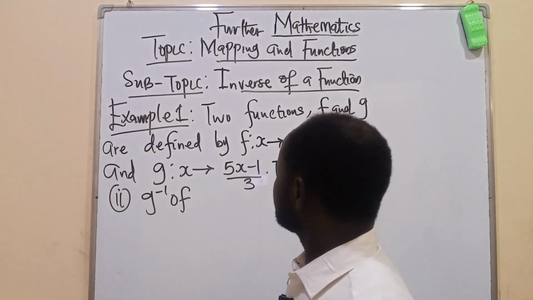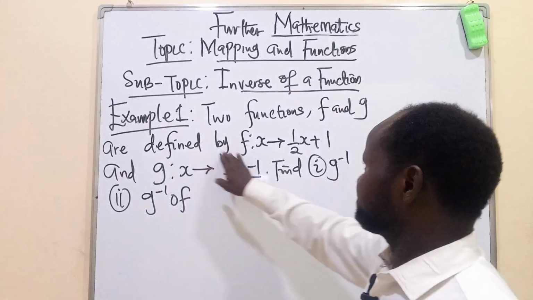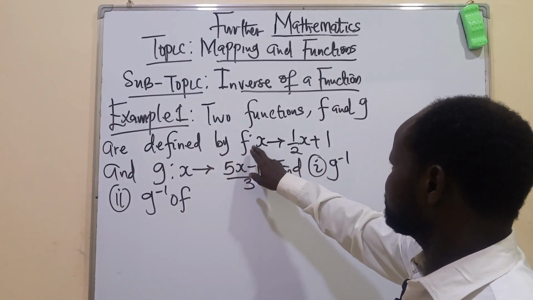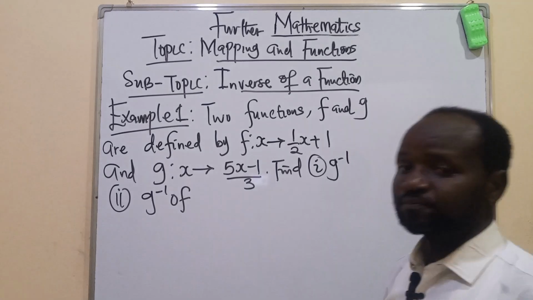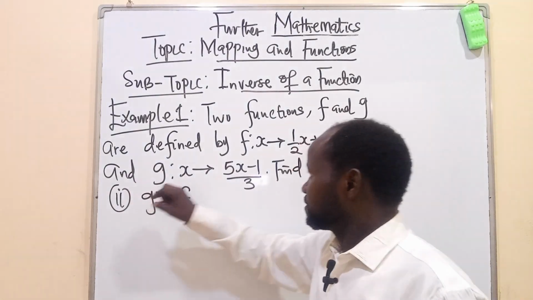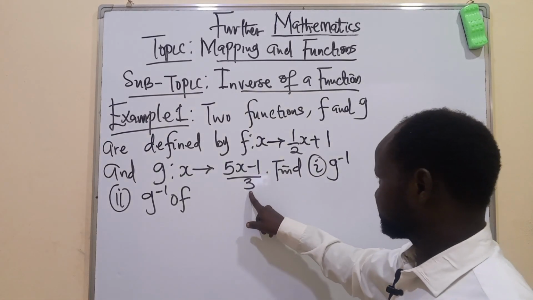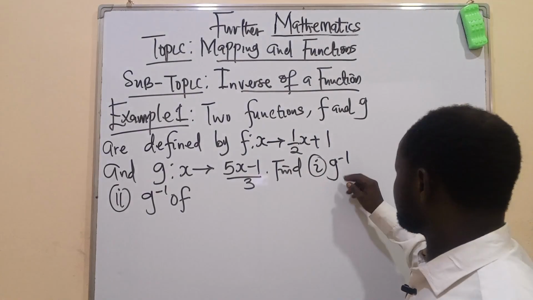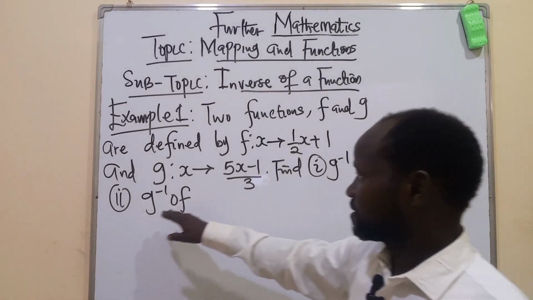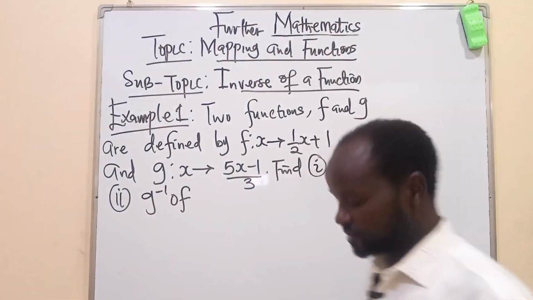The question reads: two functions f and g are defined by f such that x maps to half of x plus 1, and g such that x maps to (5x minus 1) divided by 3. We are asked to find (i) g inverse of x, and (ii) g inverse of f of x.